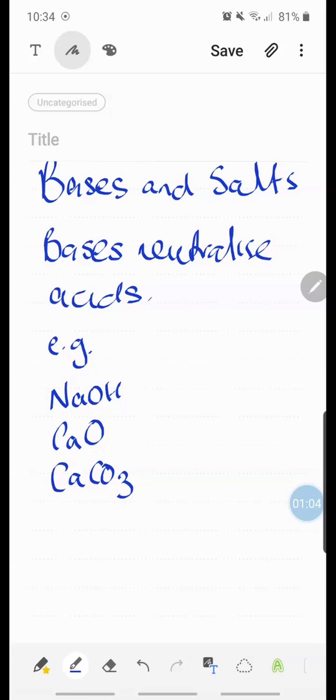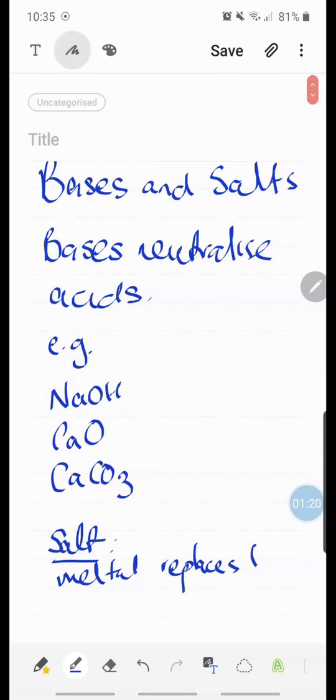Okay, now let's define a salt. Simply, a salt is where the metal replaces the hydrogen in the acid.